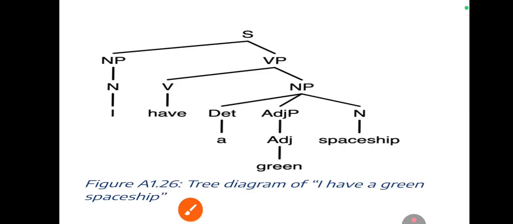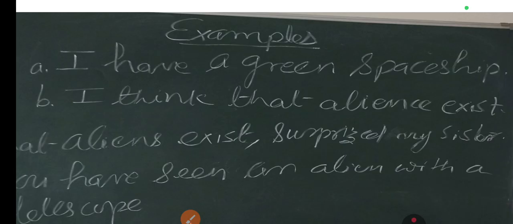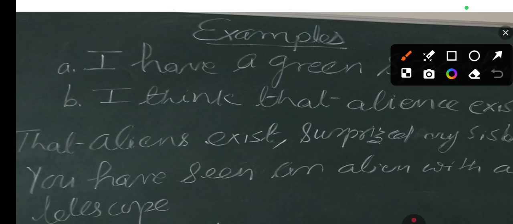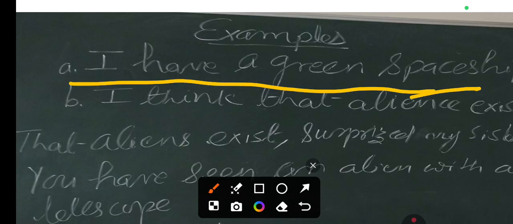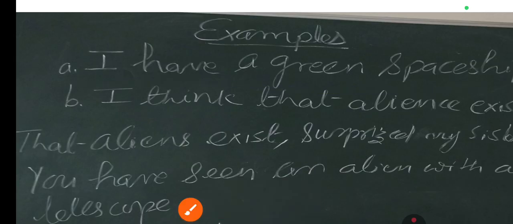Number 2 sentence, right? Suppose you have analyzed, I have a green spaceship, I am taking you back, that's the first sentence, right? So suppose you analyze such a sentence, I have a green spaceship. How to do it, let us see.